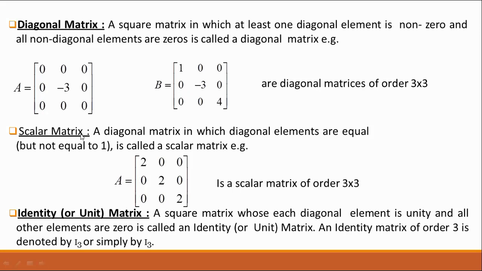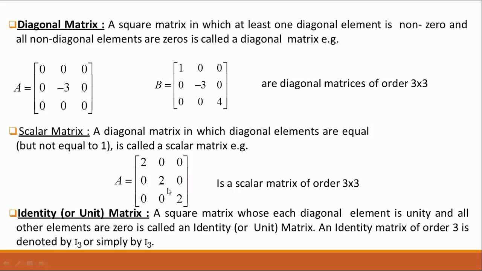Now a scalar matrix. A scalar matrix is actually a diagonal matrix, but there is a difference between the diagonal and the scalar matrix. In a scalar matrix, all diagonal elements are equal but not equal to 1.